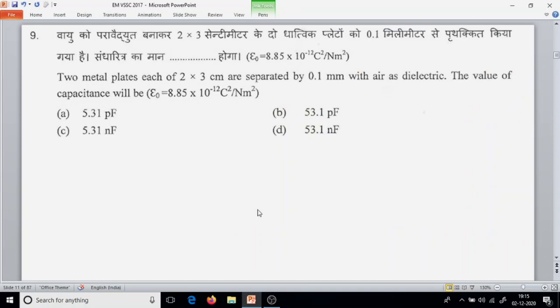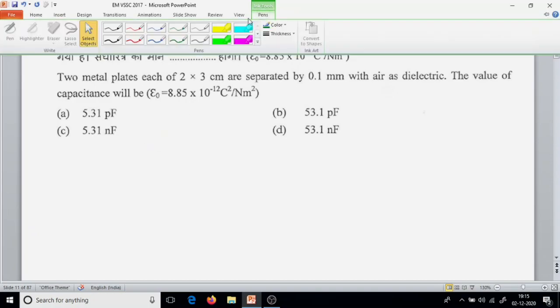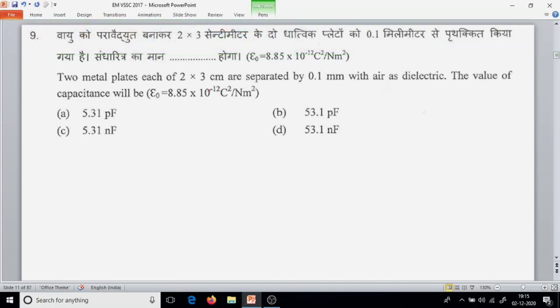Guys, question number 9. This is based on the capacitance of a capacitor. Two metal plates of 2 and 3 centimeters are separated by 0.11 mm with air as dielectric.